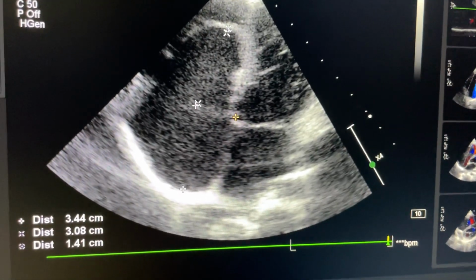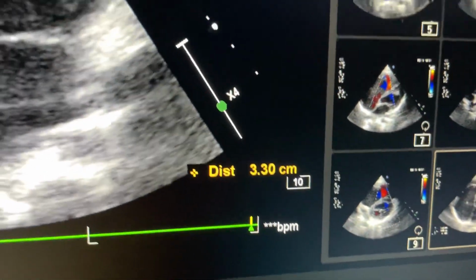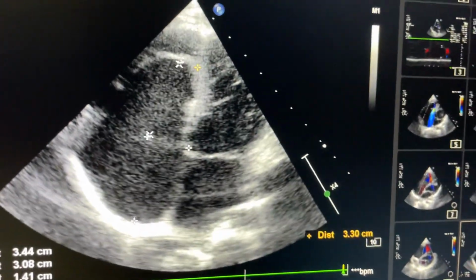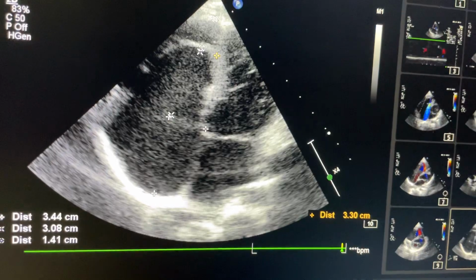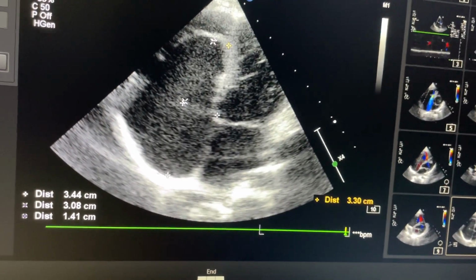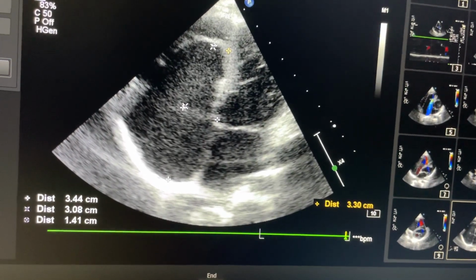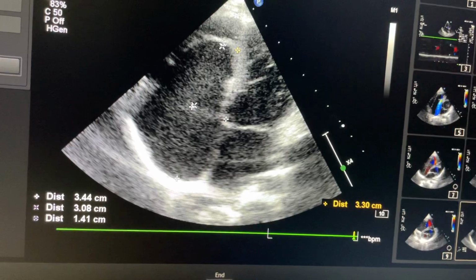So from here to this much, the shifting is almost 33 millimeter. That is why we call it Ebstein's anomaly, because shifting is more than 7 millimeter per square meter of body surface area.